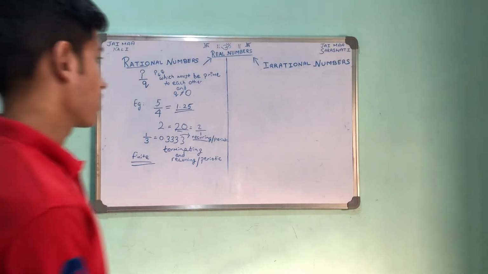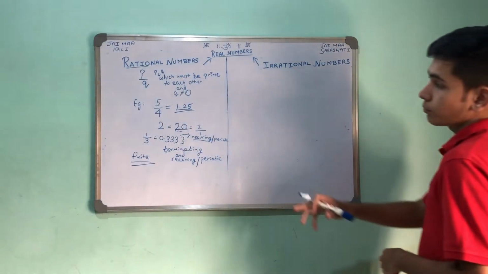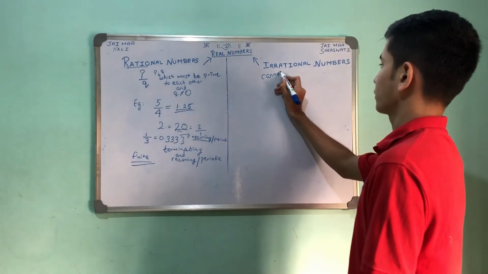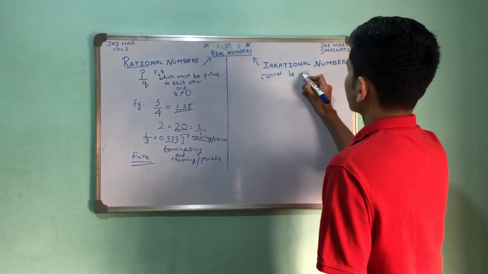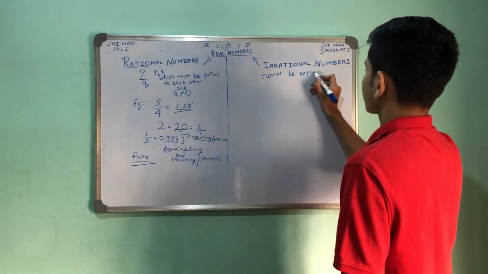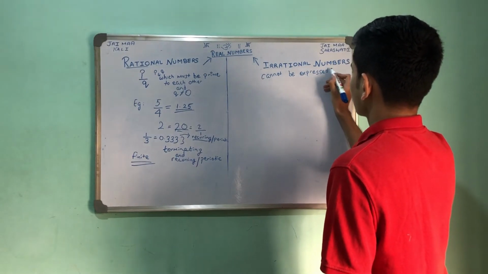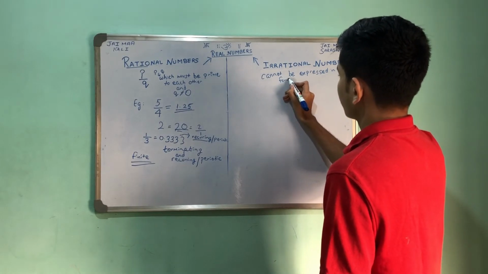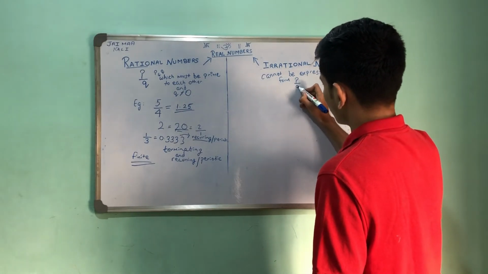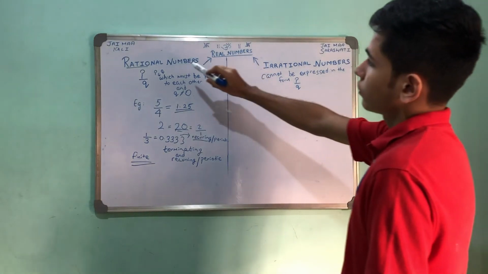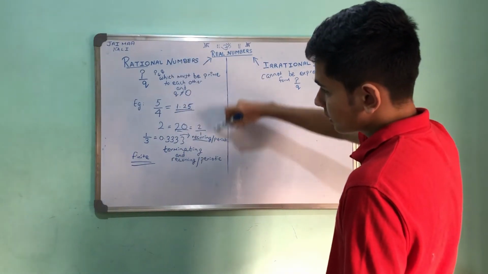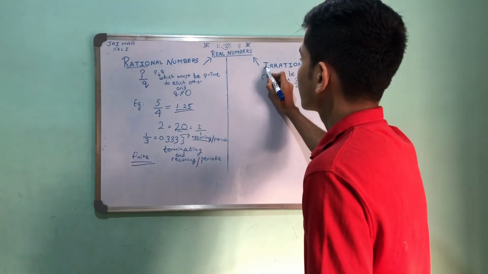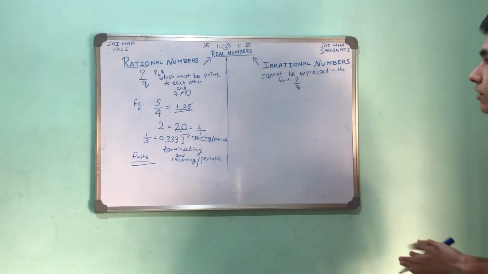Now comes irrational numbers. Irrational numbers cannot be expressed in the form of P by Q. This is what rational numbers are, but irrational numbers are simply numbers which are not rational.